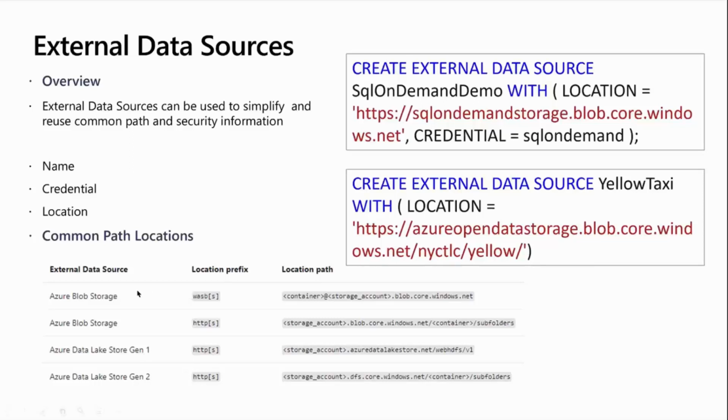workspace. And so this is just showing the different protocols. I would definitely recommend that you use Azure Data Lake Gen 2. And this is just showing the format typically of the URL. So you note that for Data Lake Gen 2, we're probably going to want to use HTTPS. We're going to have a storage account name.dfs.core.windows.net, and then the container, and then the subfolder.